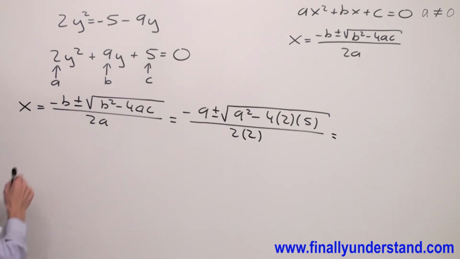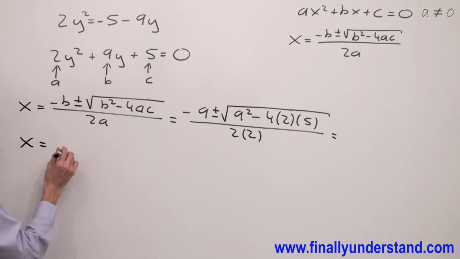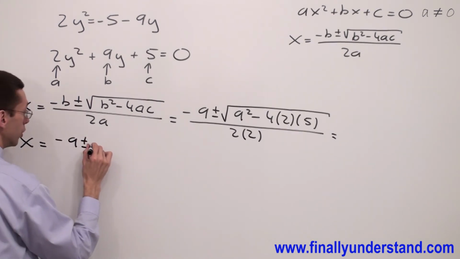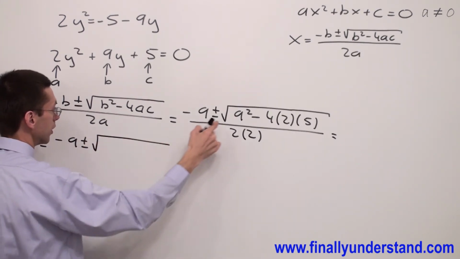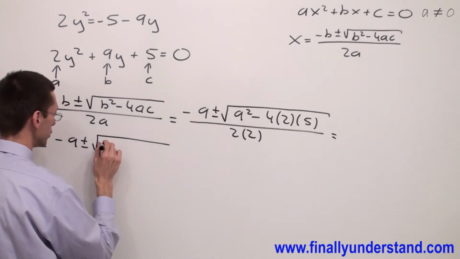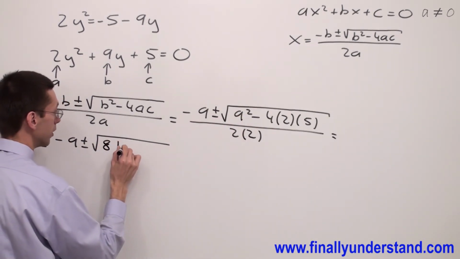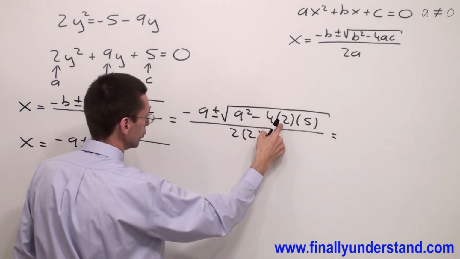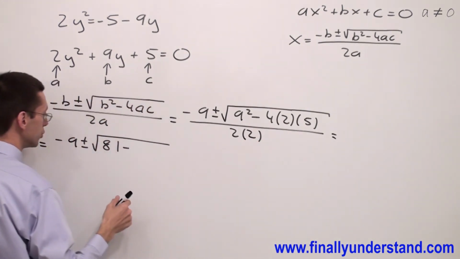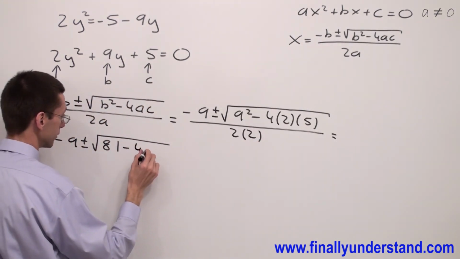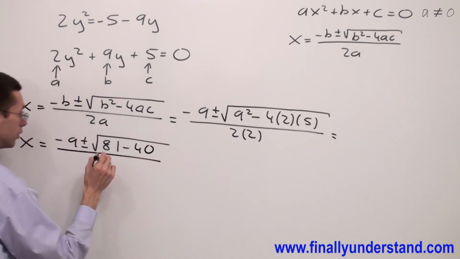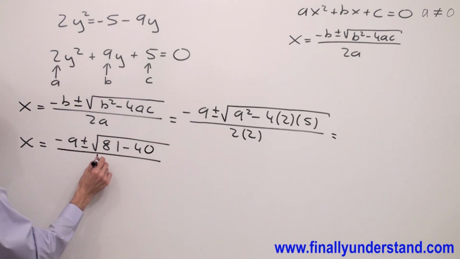we have x equals negative 9 plus or minus square root, 9 to the second power is equal to 81, minus 4 times 2 is equal to 8, 8 times 5 is equal to 40, over 2 times 2 is equal to 4.